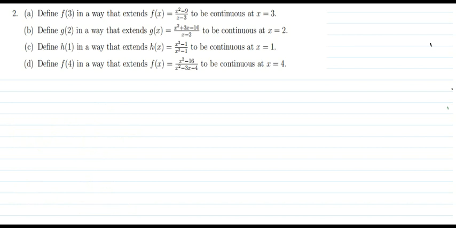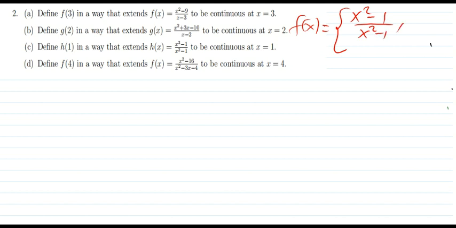So part C, we have f of x equal to x squared minus 1, everything divided by x squared minus 1. Okay, what will be the condition?